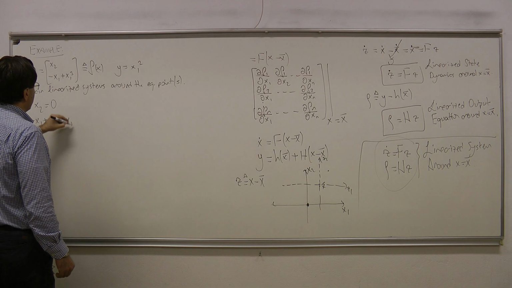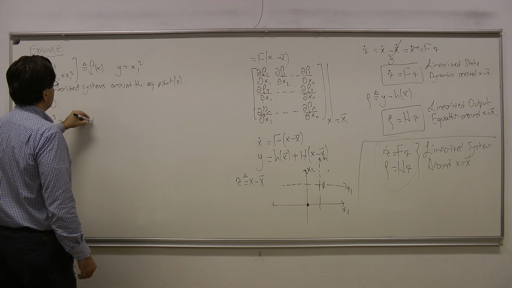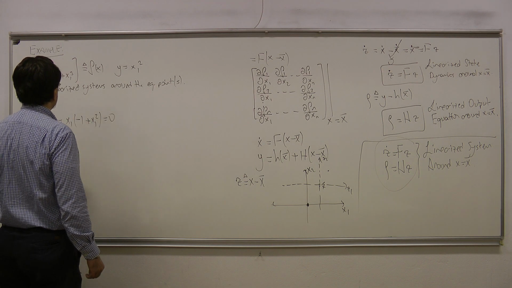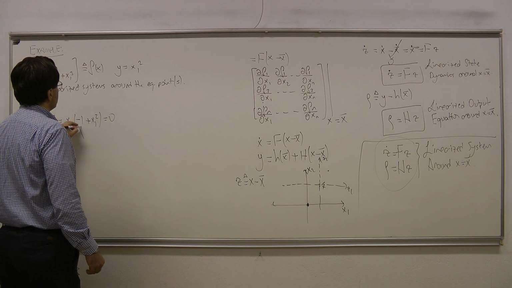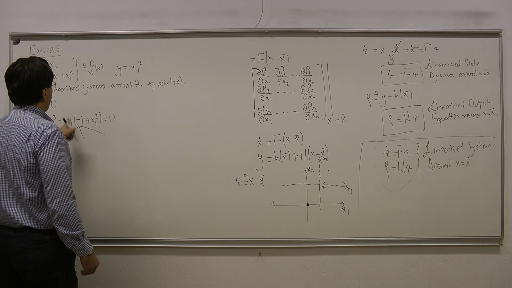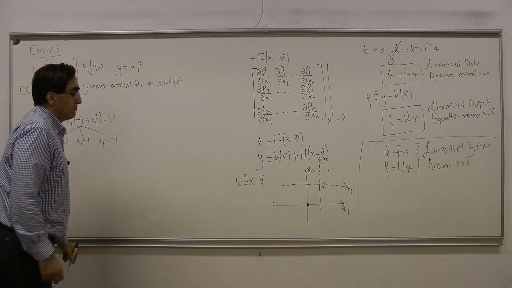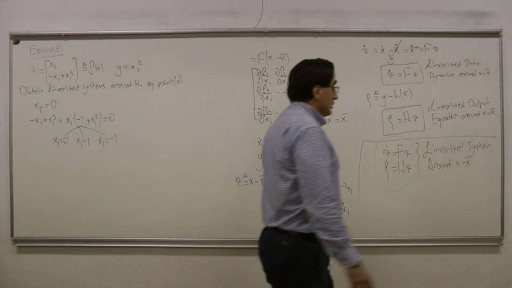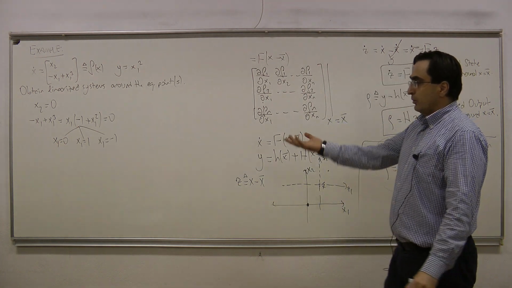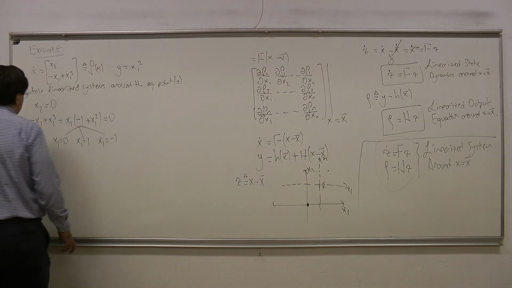So I can here take x1 out in parentheses, and that would give me minus 1 plus x1 squared equals 0. This gives me three possibilities. Either x1 equals 0, or x1 equals 1, or x1 equals minus 1. So this system is going to have three different equilibrium points in its state space.